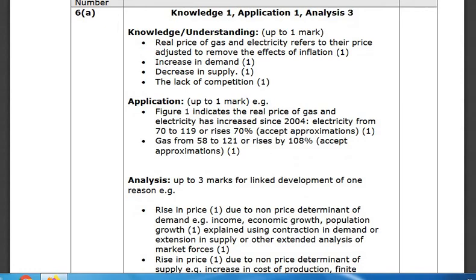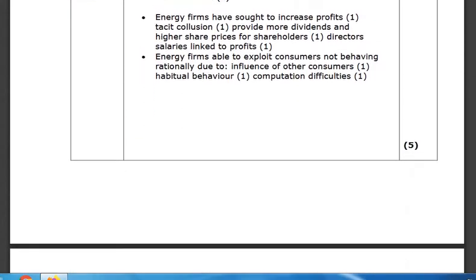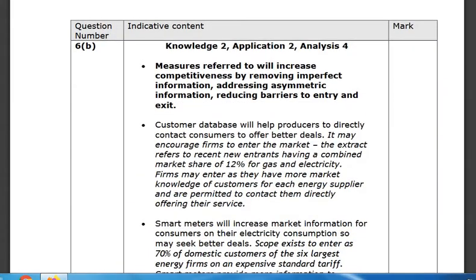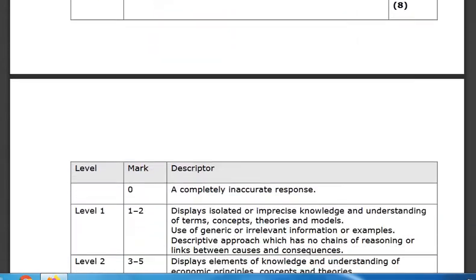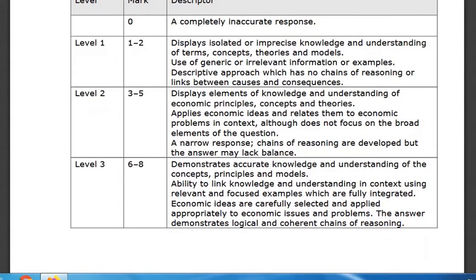There's no separate marks awarded for knowledge, application, analysis. They're not marked separately. What happens is that the examiners are expecting you to write a really, really good answer, and it's skills based. It's a levels of response mark scheme.